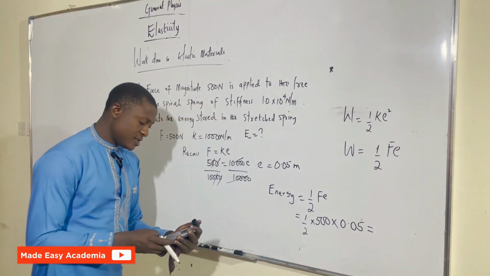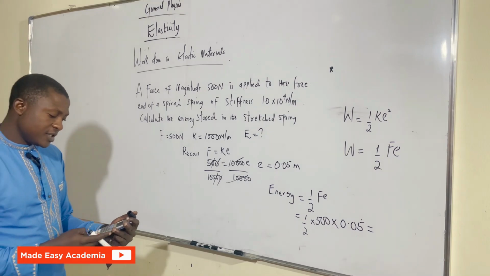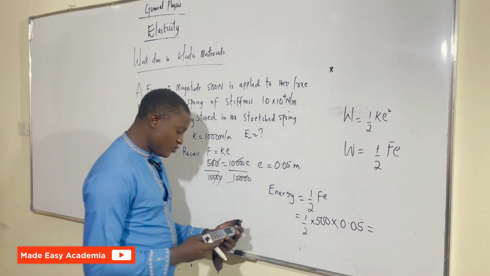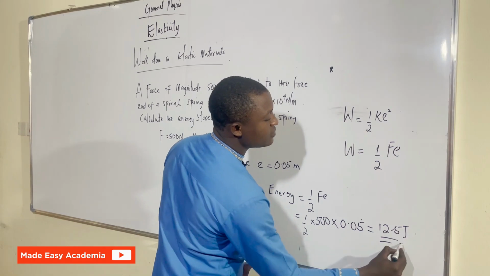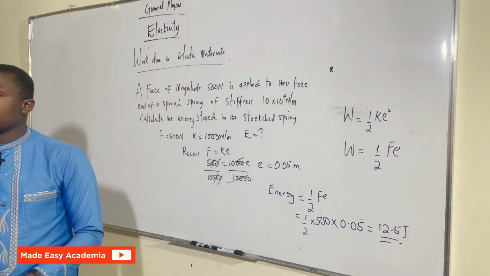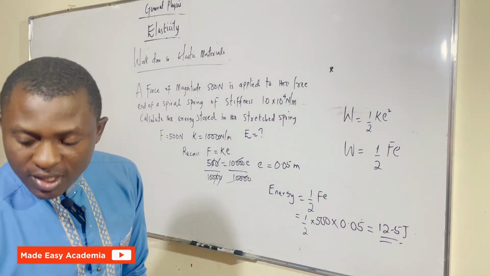So 500 times 0.05 divided by 2 gives us 12.5. Energy is measured in joules.